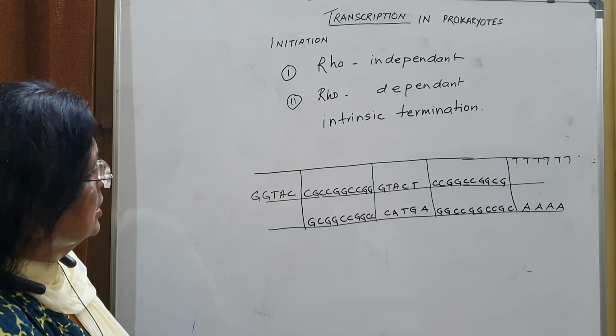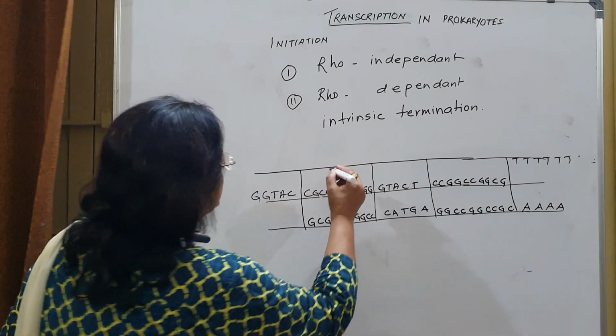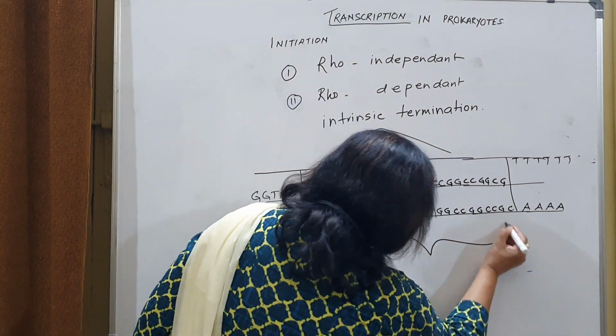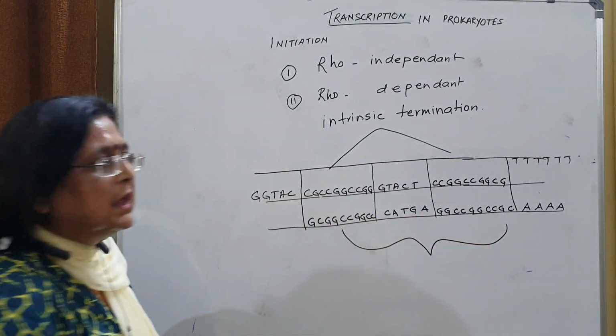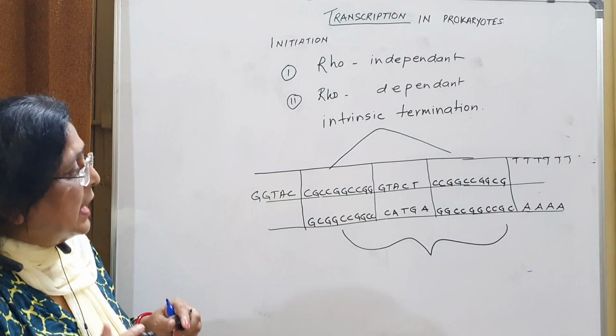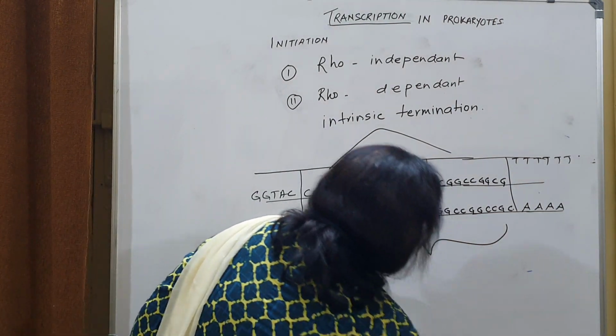So this is an inverted, this and this you can see, and these two, they have got an inverted base pairing. So what happens, the center part, it comes down.